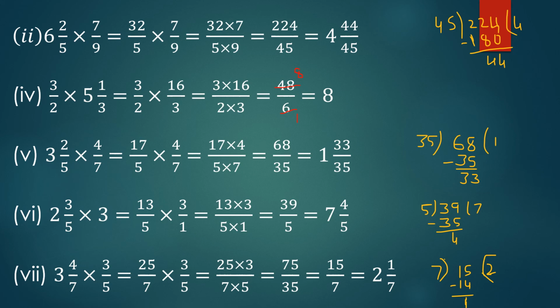Now 5 sevens are 35, and 5 15s are 75. Therefore 15 by 7 is the fraction obtained by the multiplication of the given fractions, which is equal to 2 1 by 7, because 7 2s are 14, 14 plus 1 is 15. So 15 by 7 can be written as 2 1 by 7.